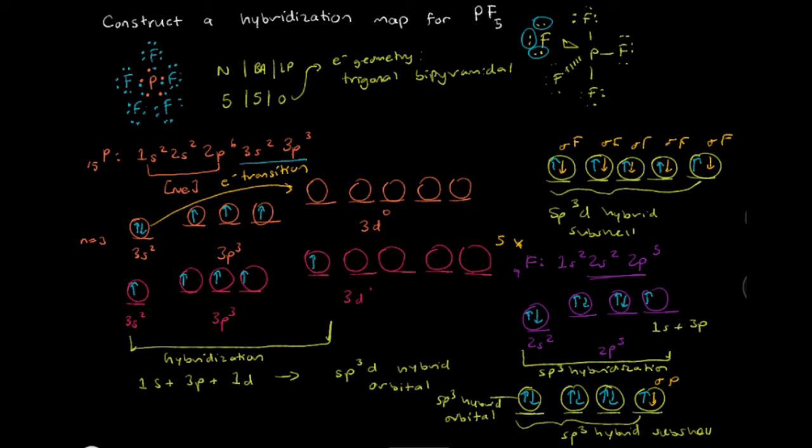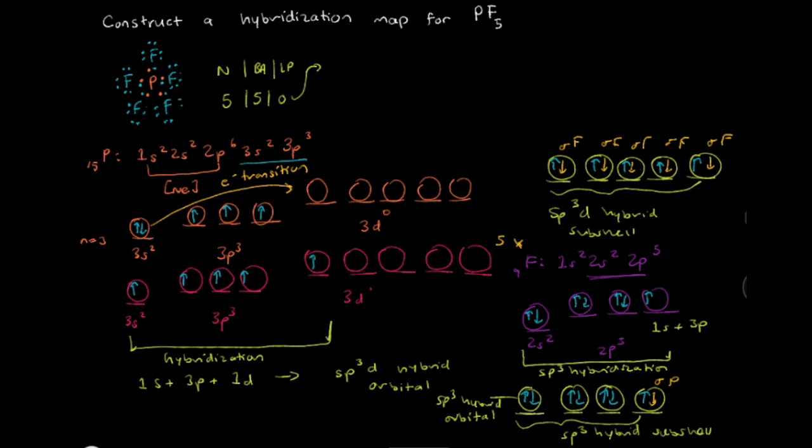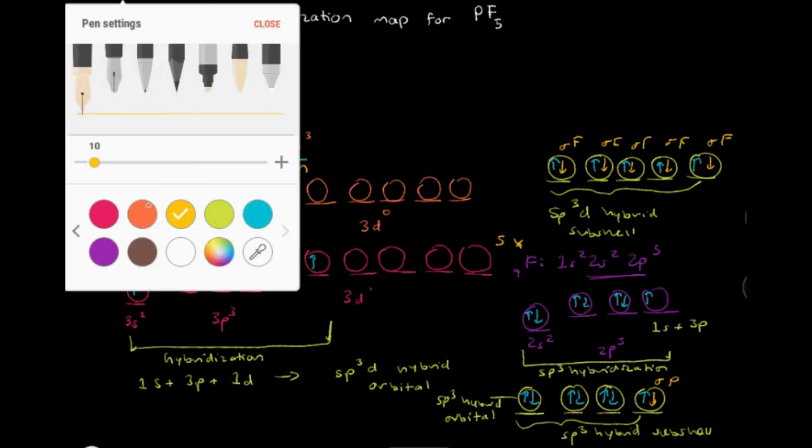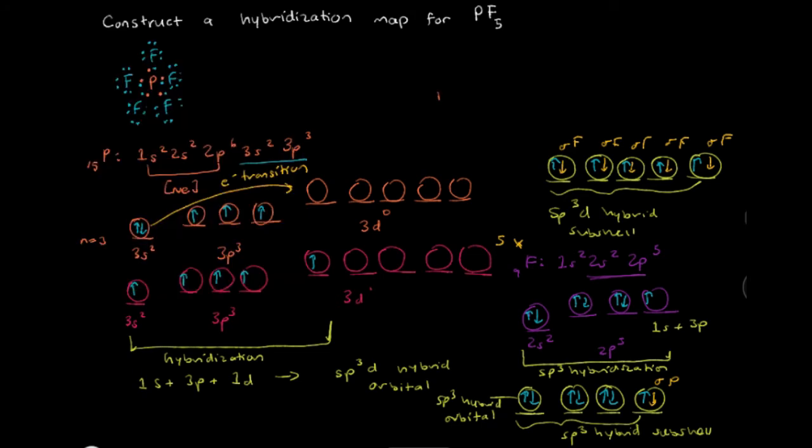So how do we draw this, right? If we're drawing a hybridization map, I'm going to demonstrate that here. I'm just going to erase this. We are going to think about this as trigonal bipyramidal. If we design a hybridization map, we're first going to put down the phosphorus, and we're going to have these sp3d hybrid subshells.